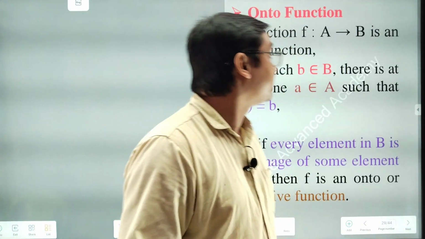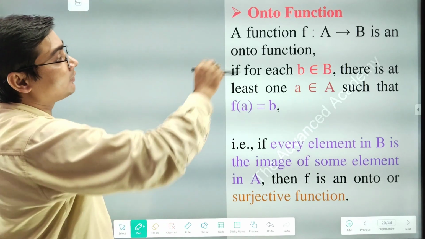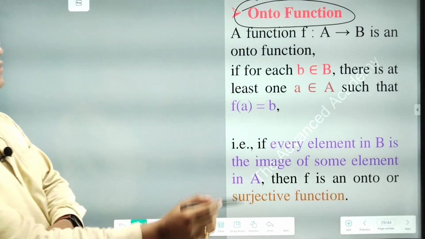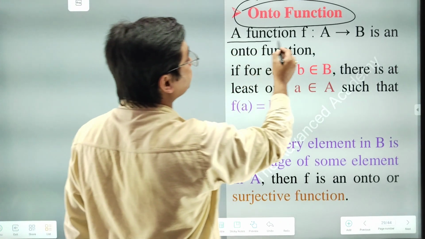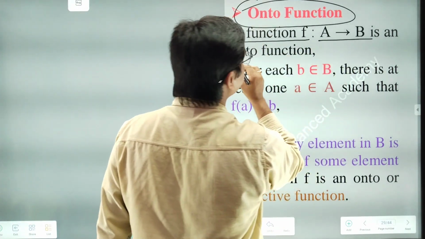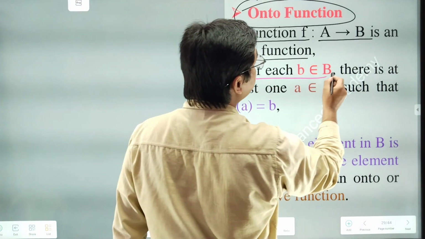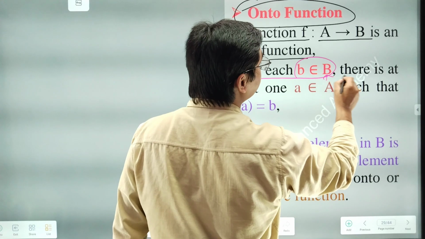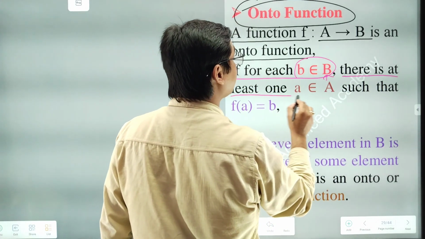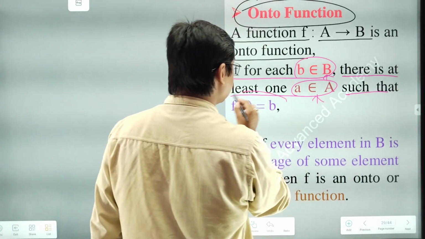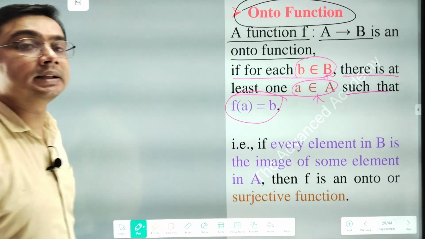Okay, so guys, there is another function which is called an onto function. See what an onto function is. A function f from A to B is said to be onto if for each b belonging to capital B, there exists at least one element a belonging to capital A such that f of a equals b.